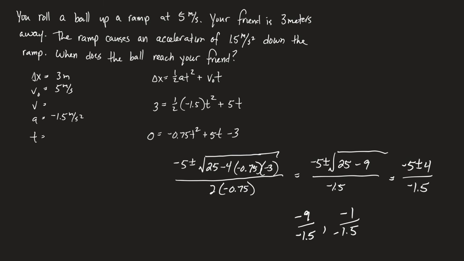Now, worse, let's say you tried to bypass this by solving for the velocity first. Stick with me for this one. You would have used 2a delta x equals v squared minus v naught squared, the one that does not have time in it because you didn't have the time, which is your only other option. This would successfully give you the velocity when the ball makes it to the person.